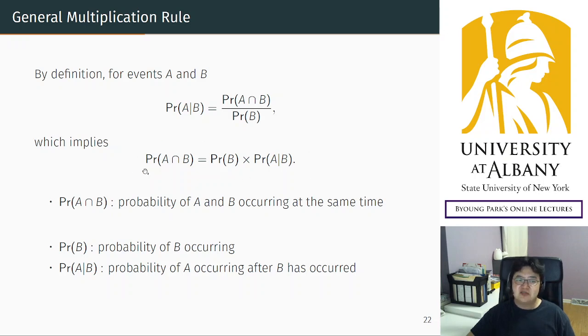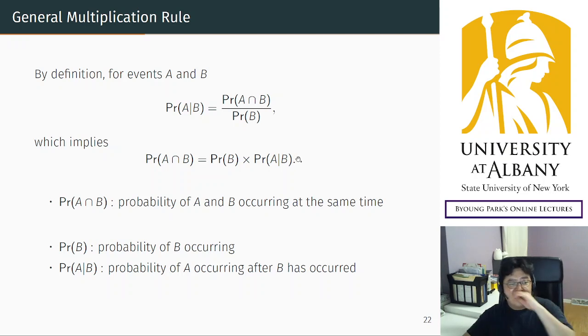This is a very interesting formula. The probability of the intersection equals the probability of the condition times the probability of the other event happening given that the condition happened.